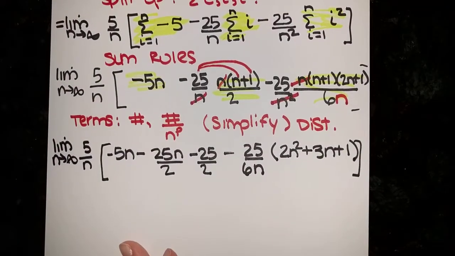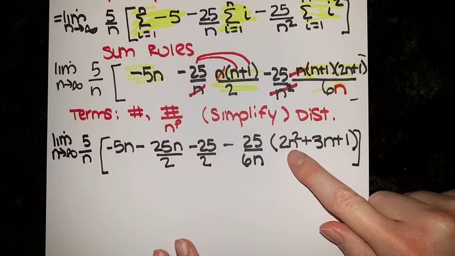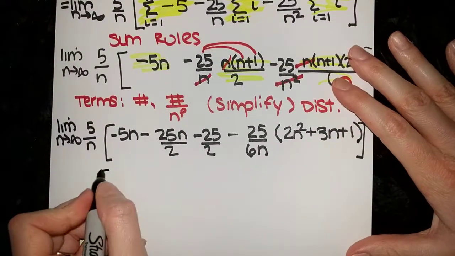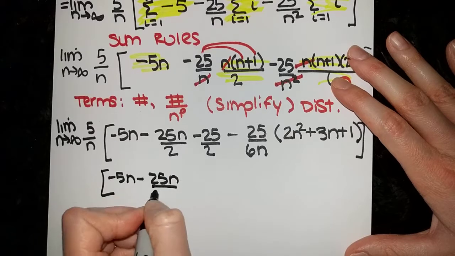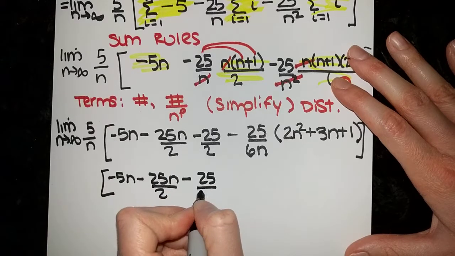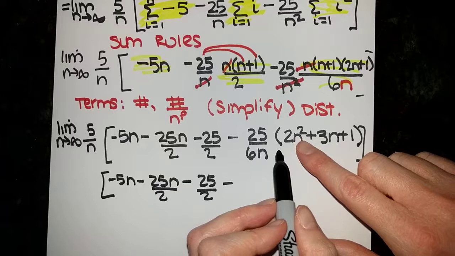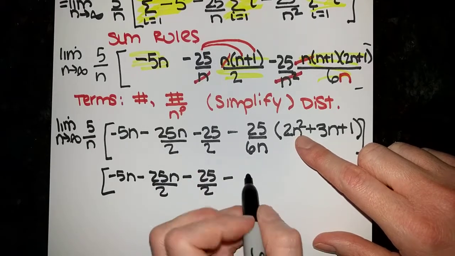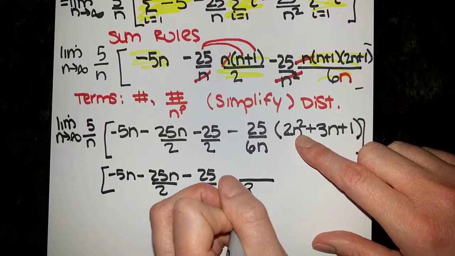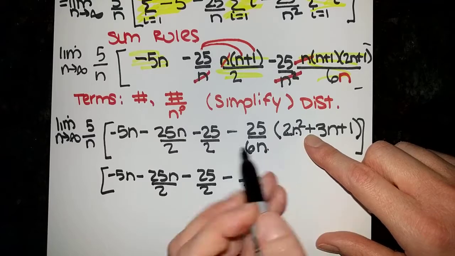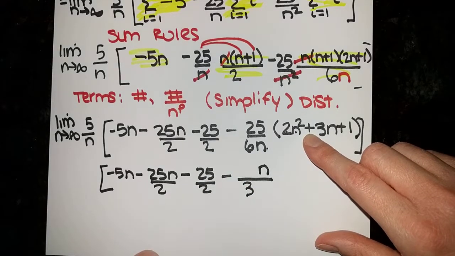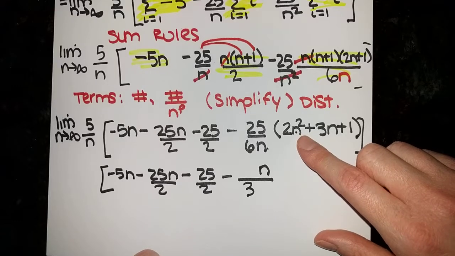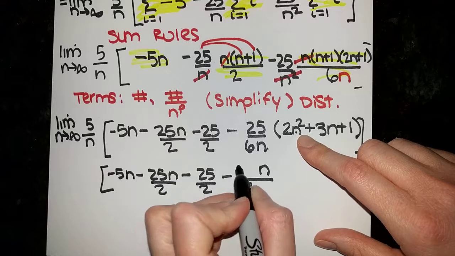All right, so we need to distribute once again because we have parentheses here. So we are going to have -5n minus 25n over 2 minus 25 over 2 minus. Here you'll notice that your 2 and 6 cancel to give you a 3. The n squared over n is just going to give us an n in the numerator, and then we will have our 25.